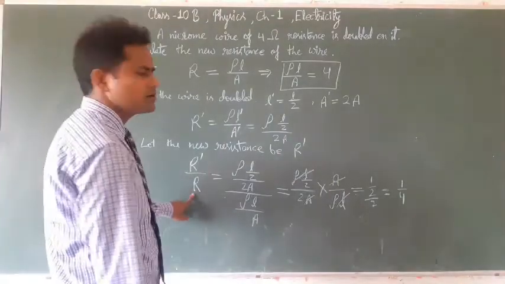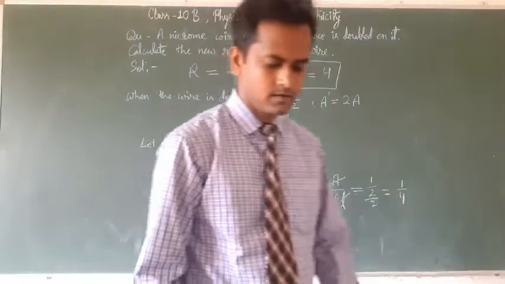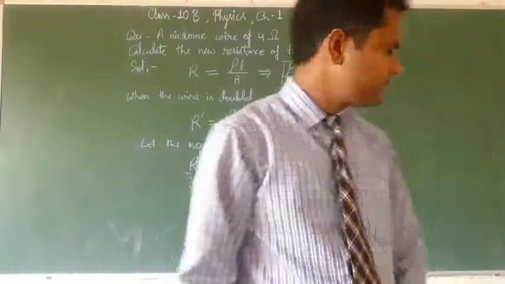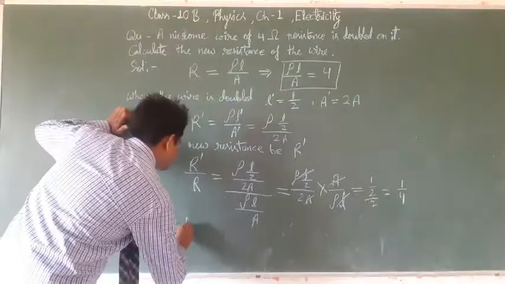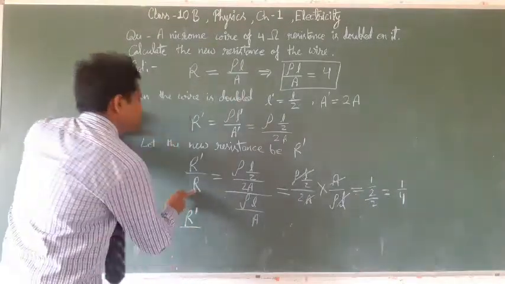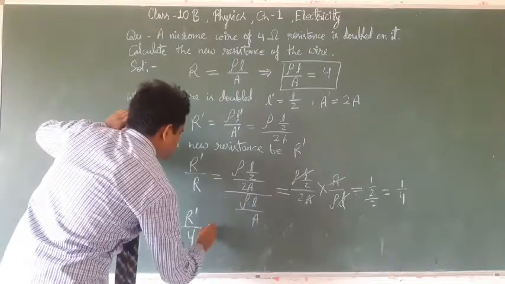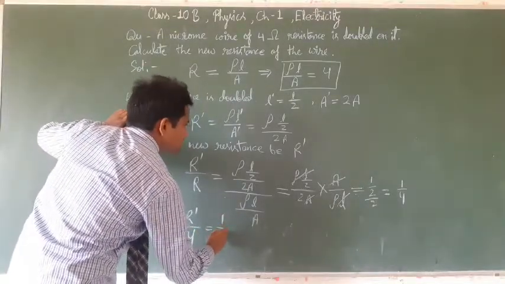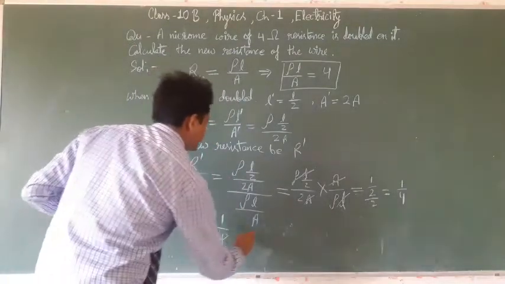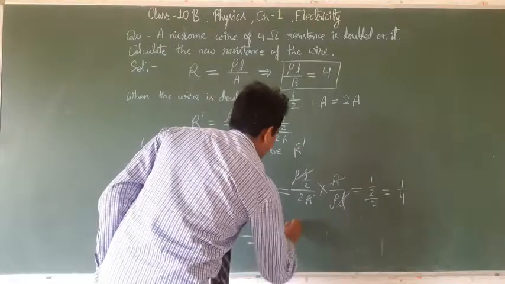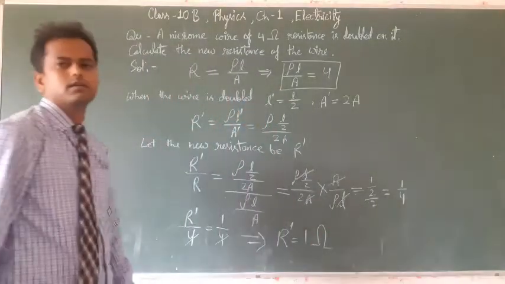Here the value of R is given, that is 4 ohm. R dash by 4 ohm equals the ratio. The 4 and 4 will be cancelled out, then R dash is equal to the final value.